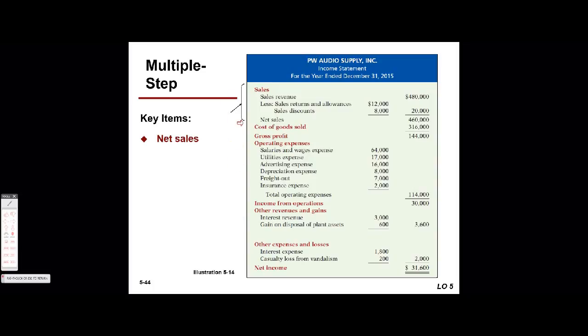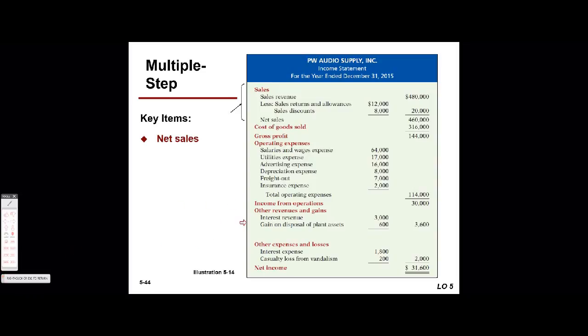And you see the types of things here. We see an interest revenue. In this case, PW Audio had $3,000 worth of interest revenue. Well, that's a non-operational revenue because PW Audio is not in the business of lending money for interest. That's why we separate that as a non-routine transaction because it's not what the company is in business to do.